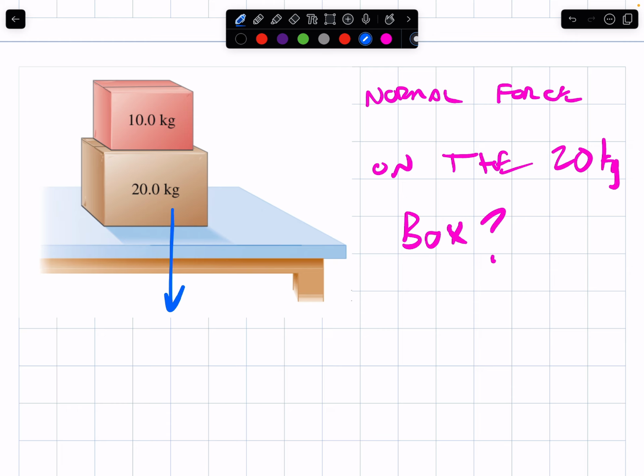So it's 20 kilograms times 10 meters per second squared. So that downward force is 200 newtons.